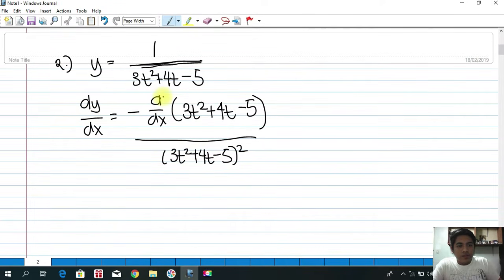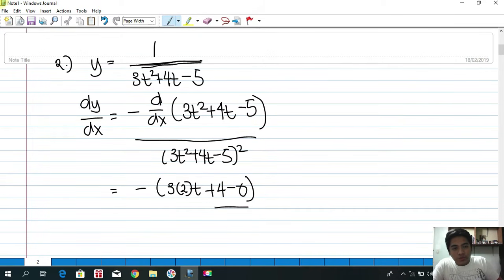So we need to get the derivative of this. So we can actually evaluate the derivative of this. This is a power times a function. So the derivative of that will be 3 times 2 times t, plus the derivative of 4t is simply 4, and the derivative of negative 5 is simply 0. So we have now this 3t squared plus 4t minus 5 squared.